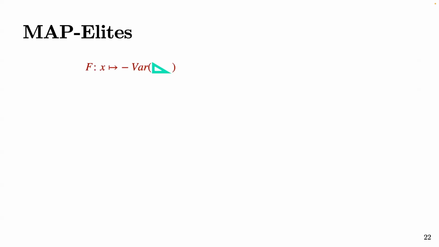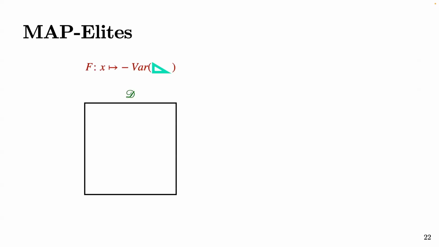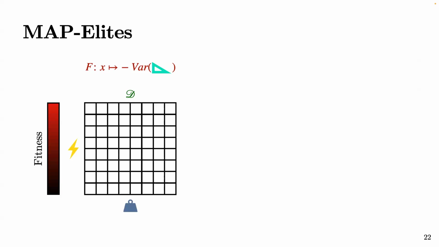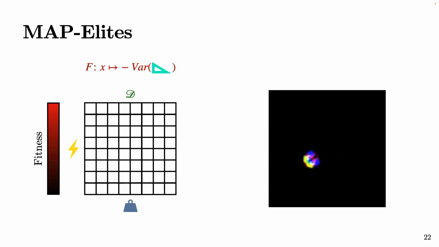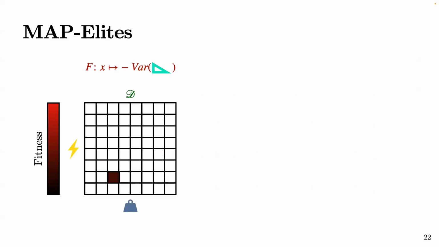So here we have our fitness function, our descriptor space with mass, speed. And MAP-Elites will start by discretizing the descriptor space into a grid of cells. And then MAP-Elites repeats the following steps. So first, it randomly selects an individual that you can see on the right, and it initializes the population with it.